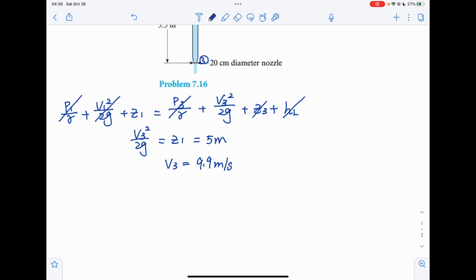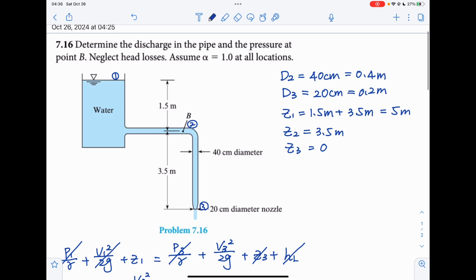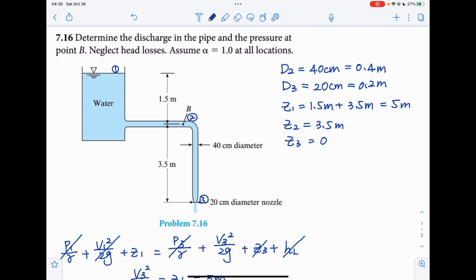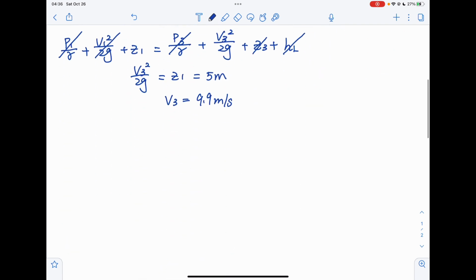Now that we have V3, we can use this value and the continuity equation to find the velocity at point B. Q3 equals V3 times A3.